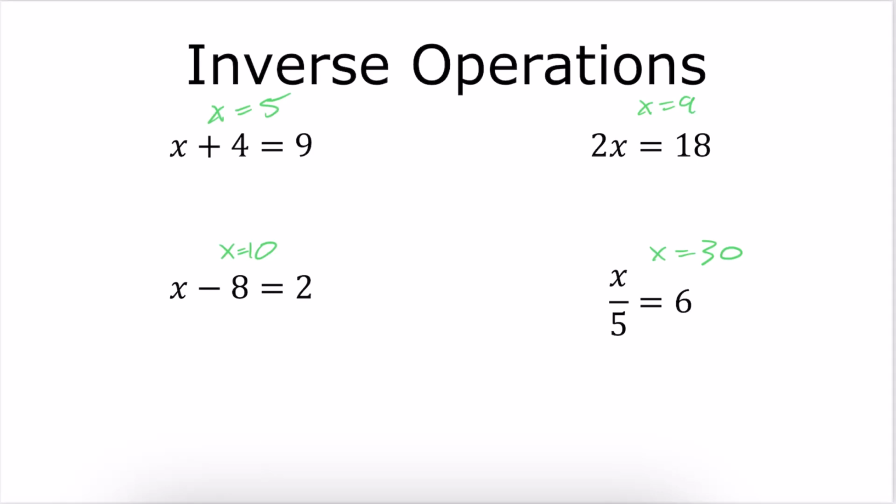And so you can teach them that this property of equality, of doing the same thing to both sides of the equation, can give them the solutions if they do the inverse operation of whatever operation is happening in the math sentence. So, for example, in this one, since you're adding 4, the way that you would undo the addition of 4 is by subtracting 4.